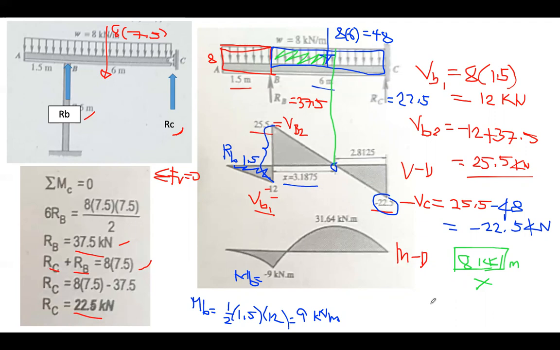If you equate that, 25.5 is equal to 8 times x. So we can compute the value of x. 25.5 divided by 8 is just 3.1875.